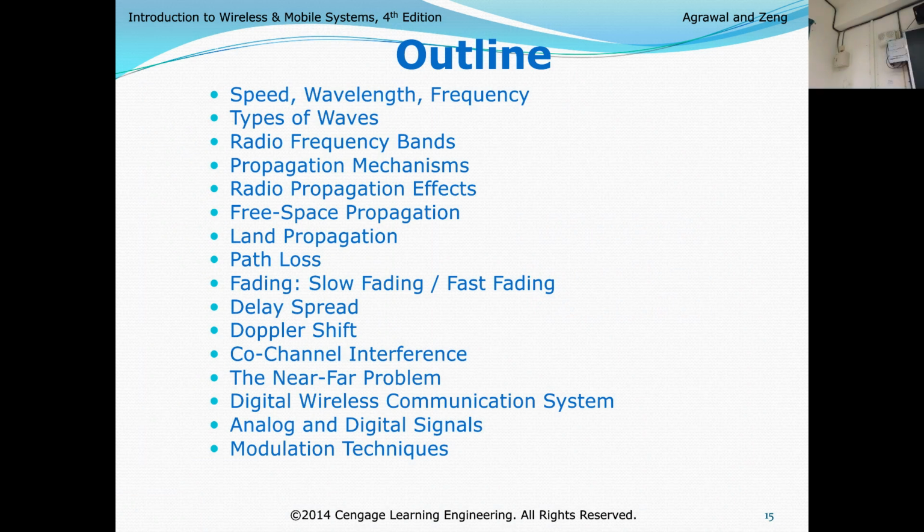Well, we will talk about waves. For waves, we will have wavelength, speed, frequency, and also types of waves and radio frequency bands, propagation mechanisms, and others. So in this chapter we will have the discussion like this.